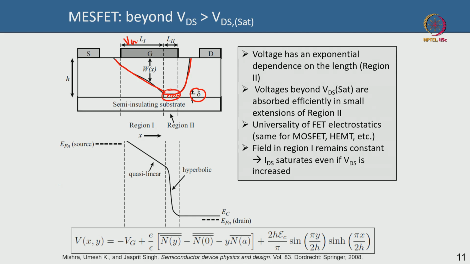Why? Because the current is basically a product of the charge times velocity. If your charge density becomes 0, then your velocity has to go to infinity, which is not possible. The velocity can only go to Vsat, the maximum velocity the carriers can reach, which is the saturation velocity of electrons.